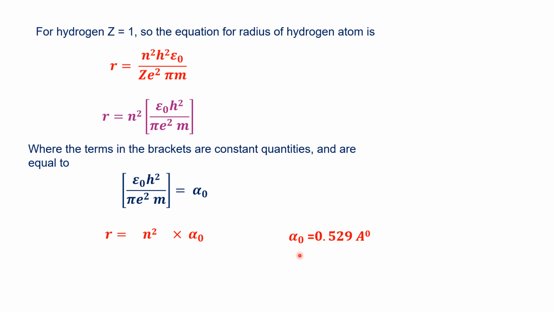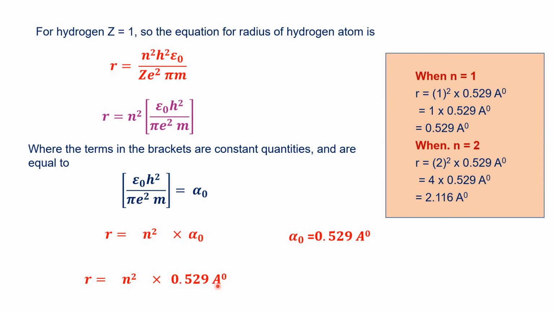Now alpha naught has some constant value, because if we put the numerical value of all these constants, we will get 0.529 angstrom. Now here it is replaced by 0.529 angstrom. Now the radius of hydrogen atom is calculated as r is equal to n square, that is the number of shell and it has square, multiplied by 0.529 angstrom.